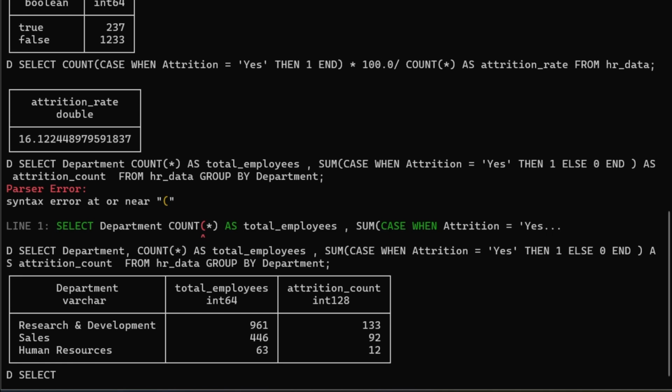So let's select attrition, which we definitely need, and then average the monthly income, naming it average salary, from HR data, and group this by attrition.